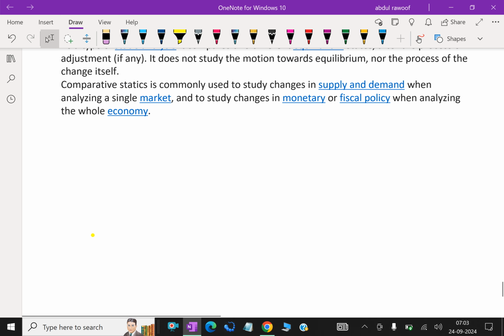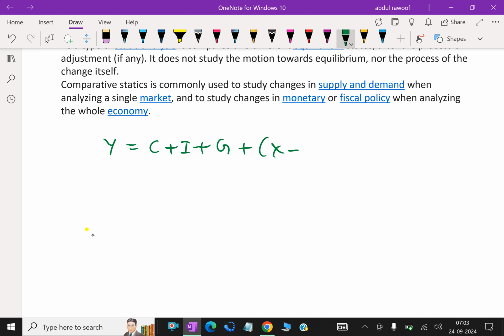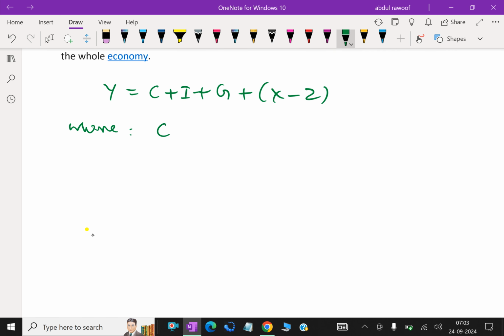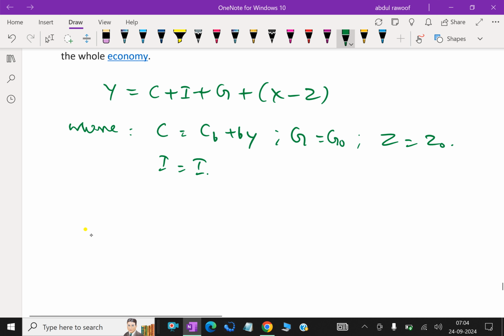For example, the formula is Y equals C plus I plus G plus X minus Z, where C equals C0 plus bY, G equals G0, Z equals Z0, I equals I0 plus aY, X equals X0.